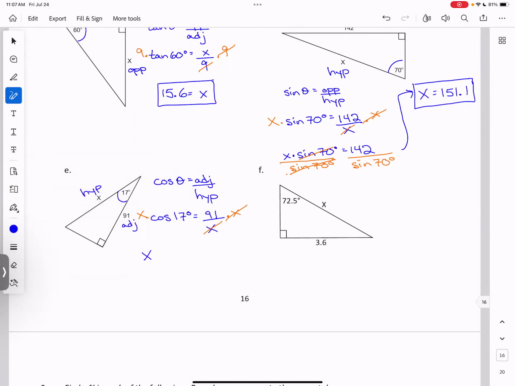Okay, now I've got x times cos 17 equals 91. And so I can divide both sides by cos 17 degrees. Okay, that cancels my cos 17s from the left. So I'm left with x is 91 over cos 17, which I can calculate. And it gives me 95.2 out to one decimal place.